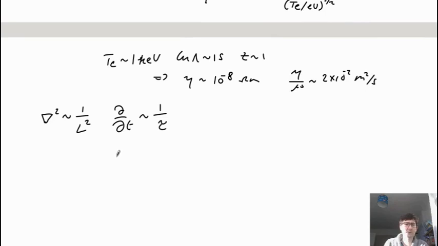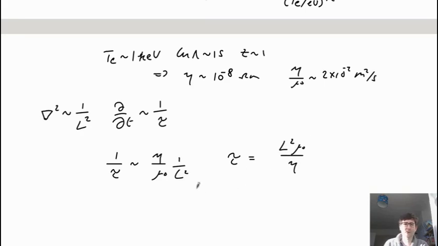So 1 over some time scale is roughly eta over mu naught times 1 over length squared, and so the time scale for diffusion to occur for some kind of reconnection, as we'll see, is roughly L squared mu naught over eta.